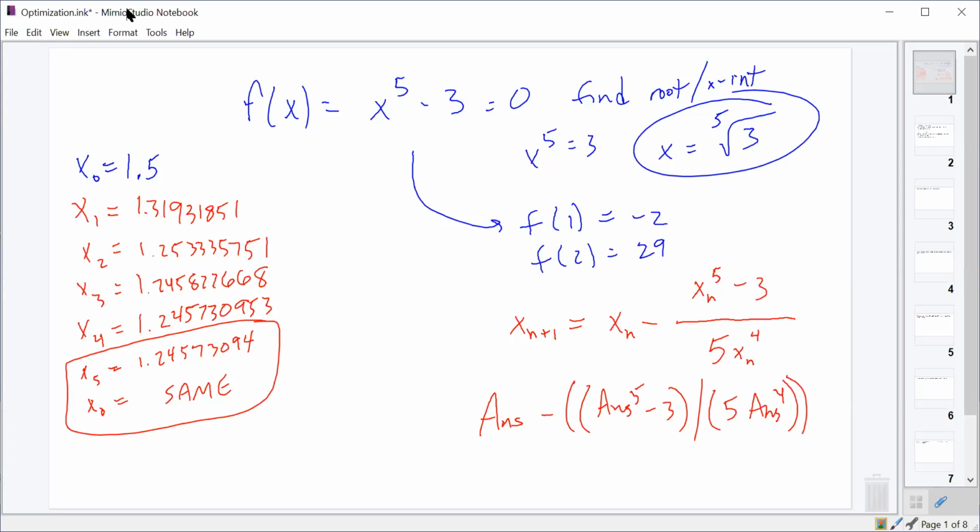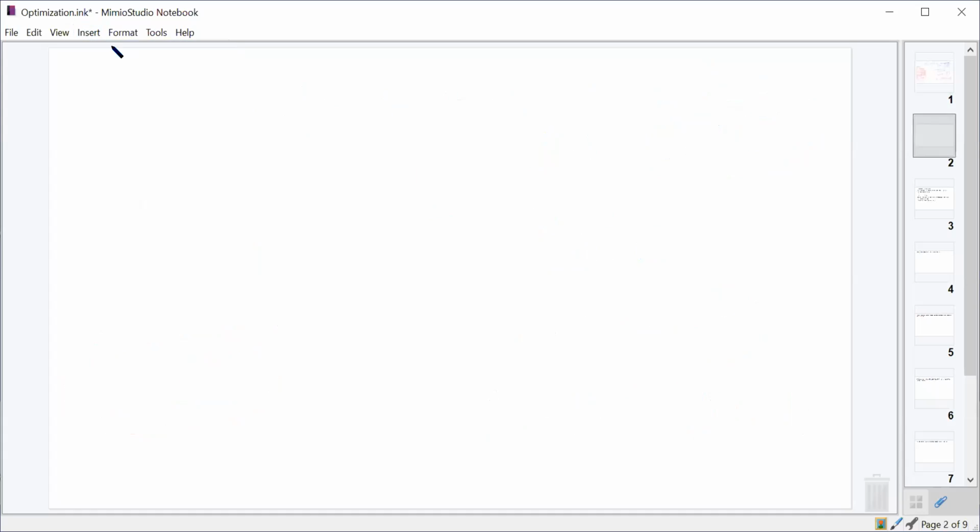Let's do one more. Let's find the intersection point of, let's see, what's a good couple of functions? Anybody got a function they particularly like? x squared is really cool.